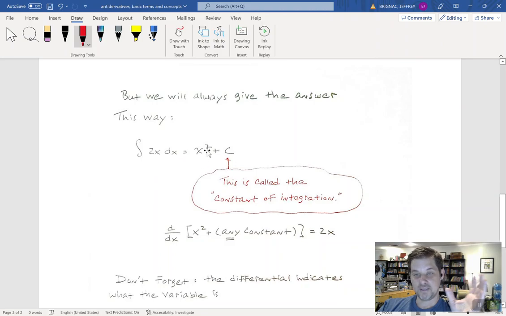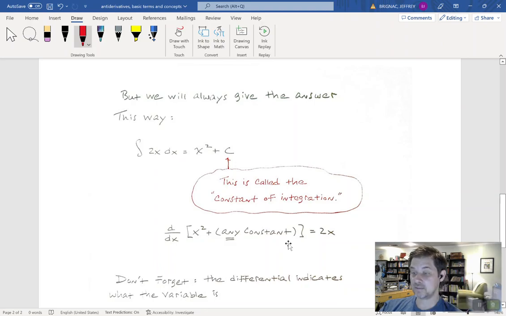We'll find the antiderivative, whatever it is, and I haven't given you any rules yet. I haven't told you the procedure. For now, I'm throwing something easy out there, like we can all agree the derivative of x squared is 2x, okay? So we would give that, and then we'd say plus C. And then that capital C just stands for any constant.